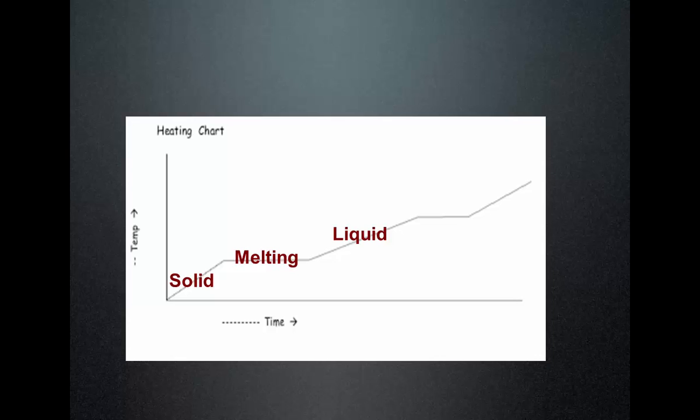And then, as I add heat, the temperature starts increasing again. And it continues increasing until I get to, if this is water, what temperature would this be? It's a science class. 100 degrees Celsius.